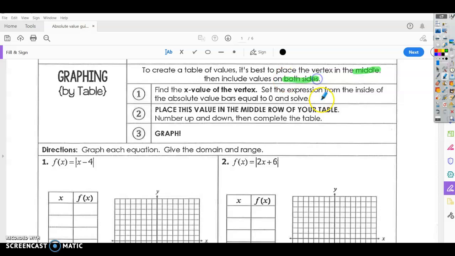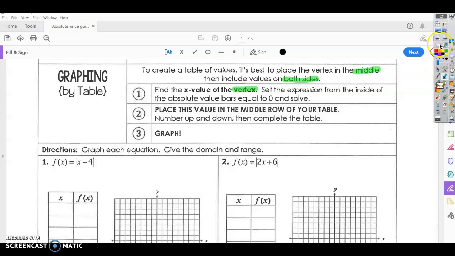Okay, so you want numbers on both sides of the vertex. Find the x value for the vertex. Okay, we're going to do that using the equation above. Set the expression from the inside of the absolute value equal to 0 and solve. Place the value in the middle row of your table, number up and down, then complete the table. Okay, and then we will graph.